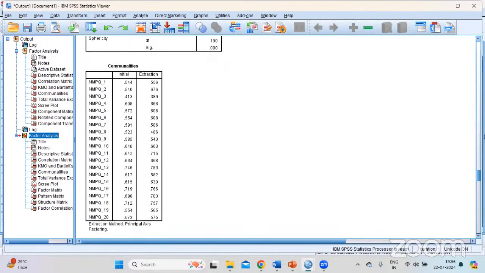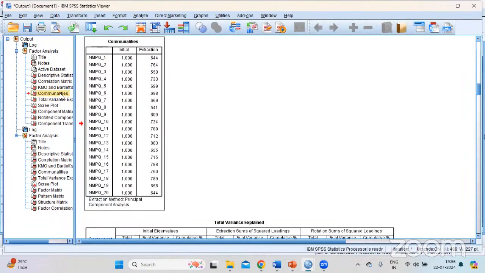Now you see the communalities table which you are seeing here, it's changing. Remember in PCA, if I show you communalities under PCA, how it looked like, the initial communalities were all 1. Because PCA assumes that the total variance is equal to the common variance.